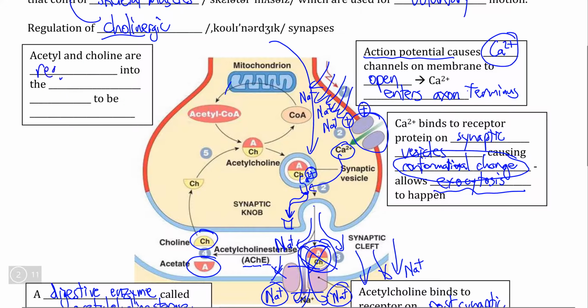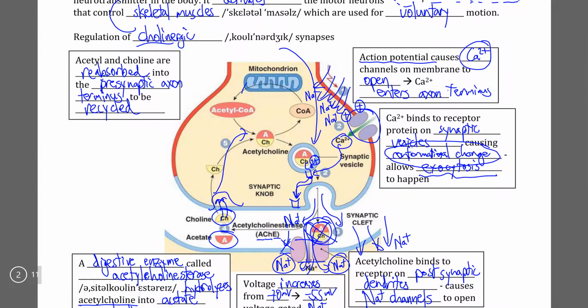And the way that we do that is that acetate and choline are reabsorbed into the presynaptic neuron, so into the presynaptic axon terminus, and once they are brought back in, they can be transported back to where a dehydration synthesis enzyme is located in order for it to be reassembled and ultimately recycled, which allows this process to effectively continue indefinitely.